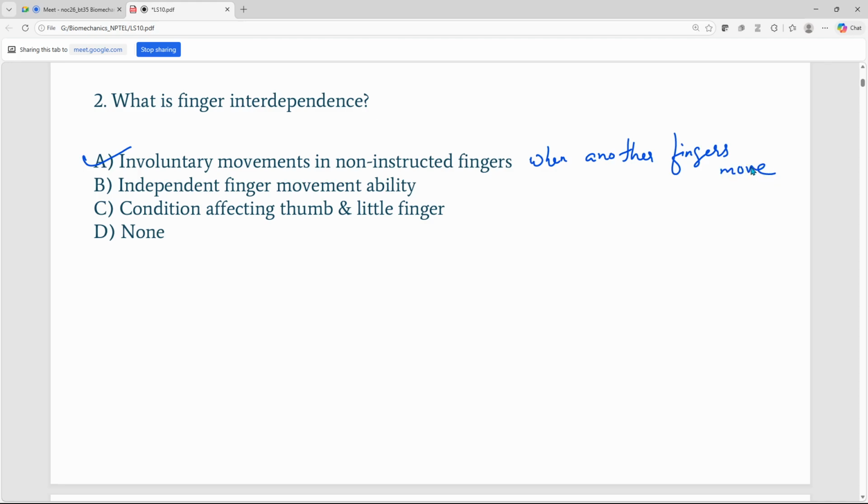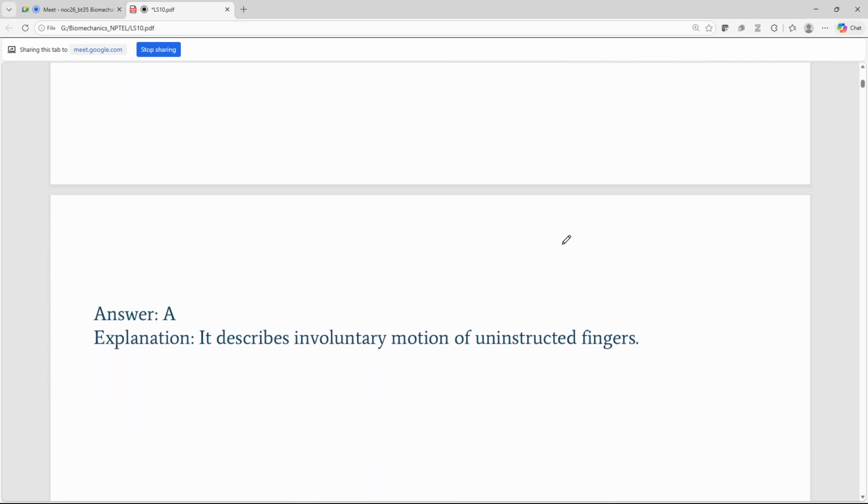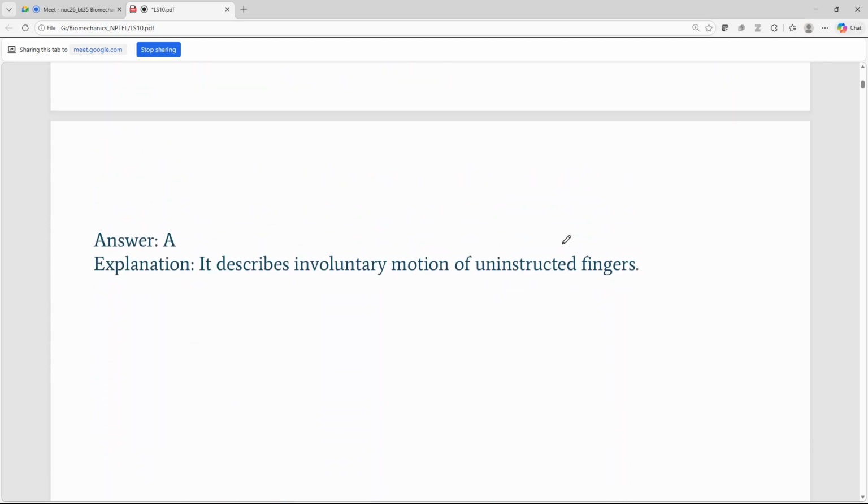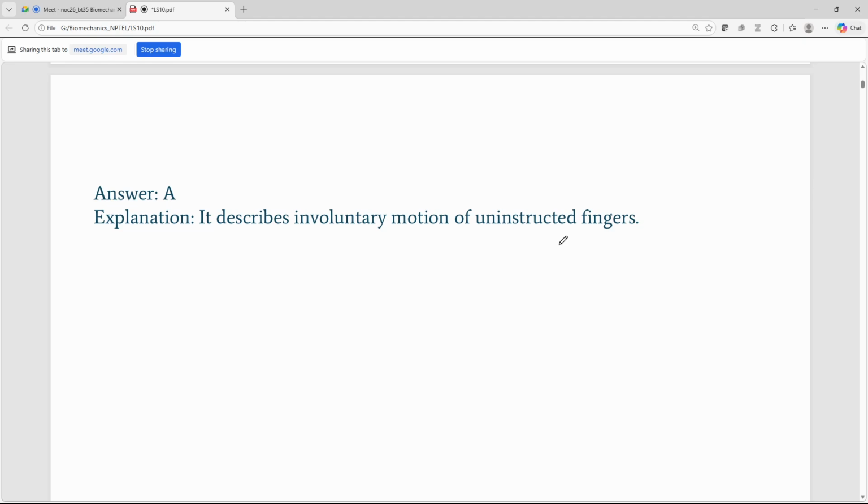So that should be the complete response. Finger interdependence is the involuntary movements in non-instructed fingers when another finger moves. This is the involuntary motion of uninstructed fingers. Next question.